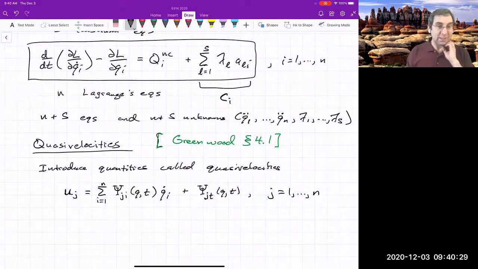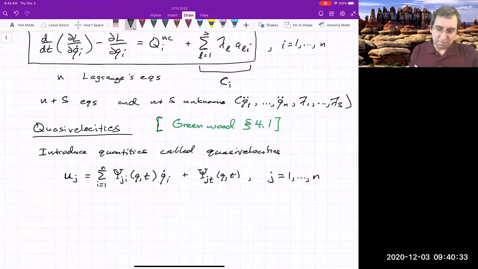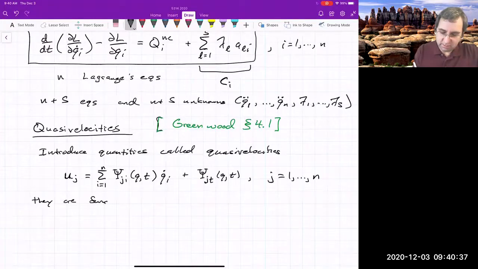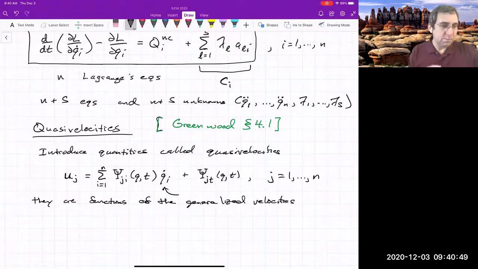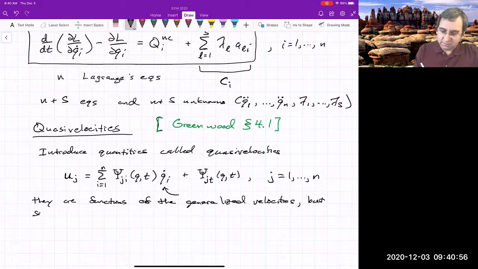So we've got quasi-velocities. They are functions of the real velocities, the q_i dots, the generalized velocities, but sometimes they're more useful than the generalized velocities.